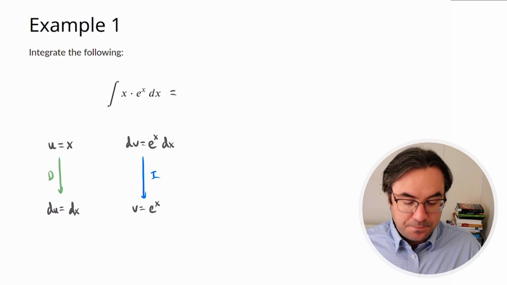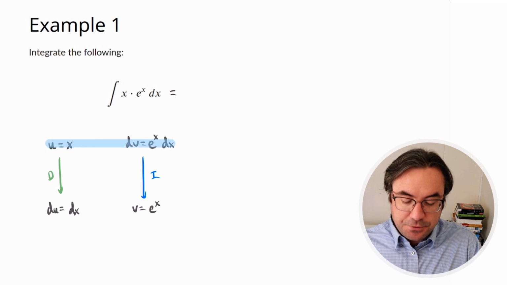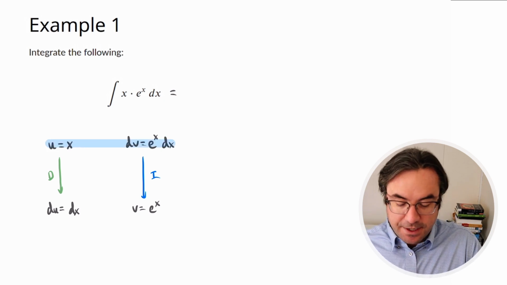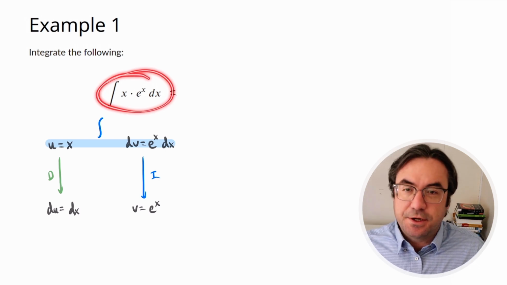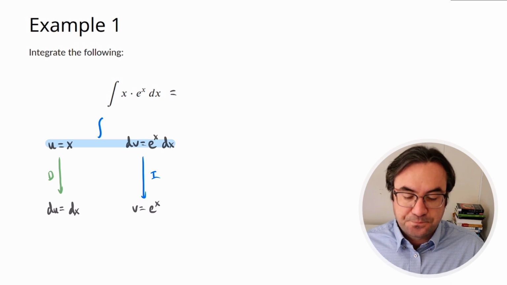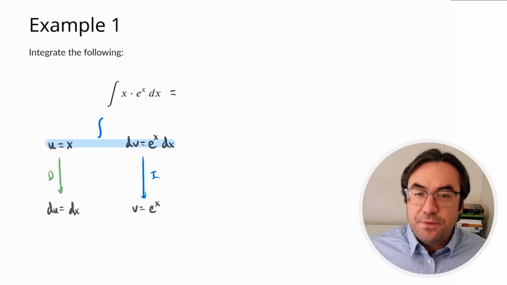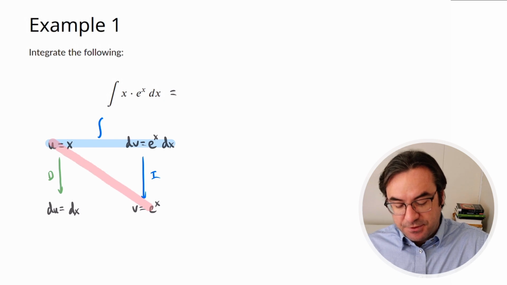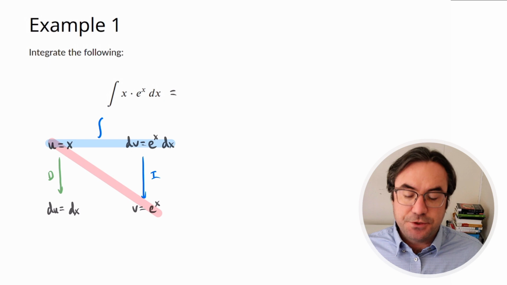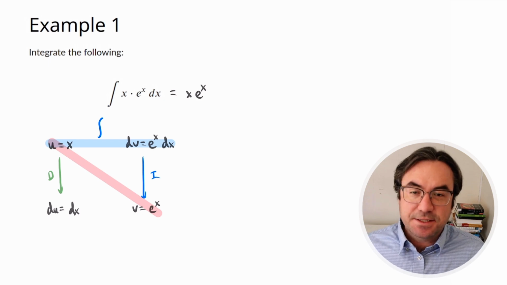So if we multiply these two terms together and integrate, that gives us our original integral. So what that integral is equal to is u times v. So we can multiply these two terms together. So x times e to the x.